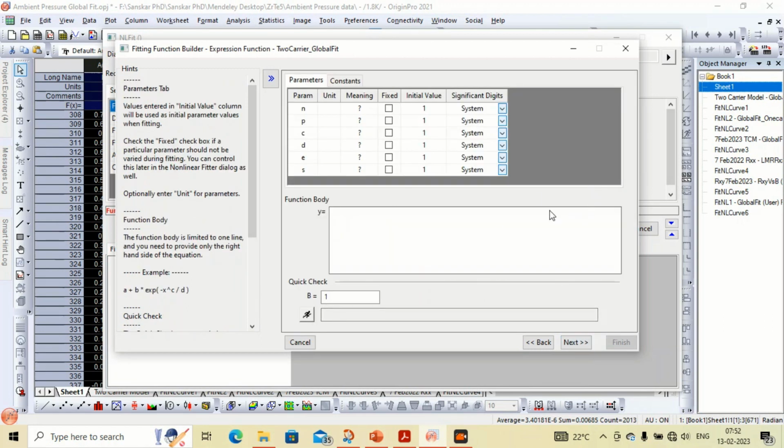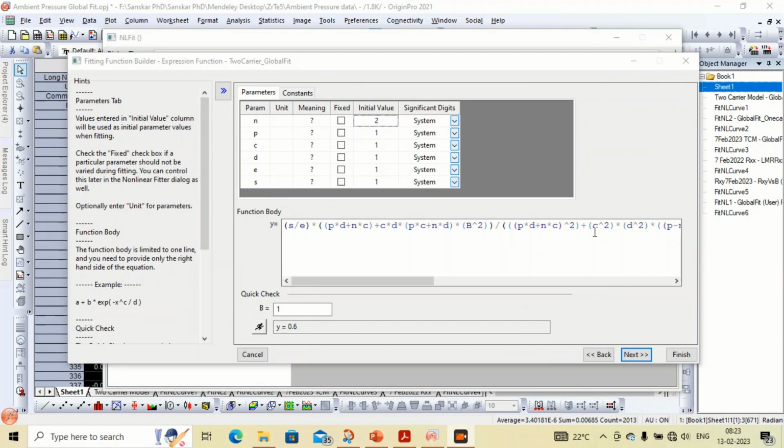So let's write this formula. We have to write it here. Okay, so I have written this formula. You should be very careful at the time of writing this formula, and I have also checked this by setting some values, and this is correct according to me, so I can proceed.